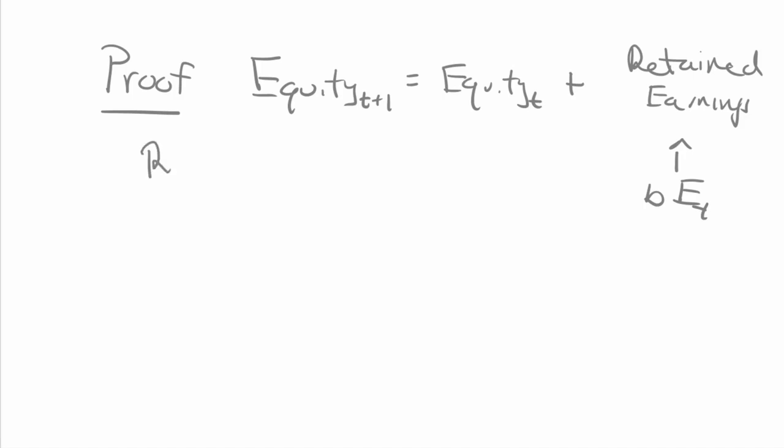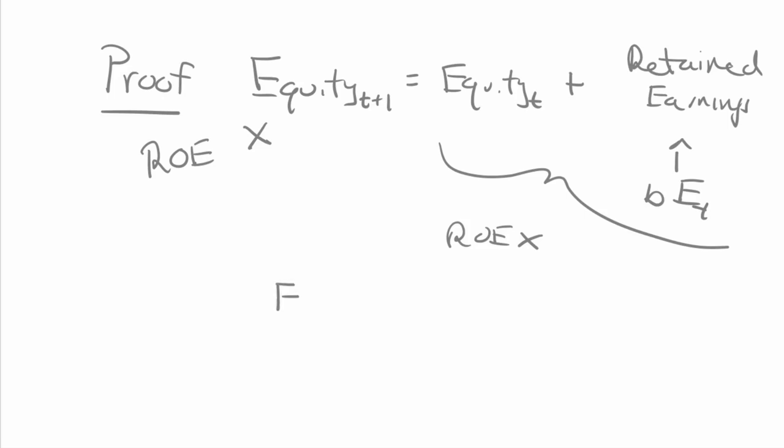So we're going to take ROE times equity at t plus 1, and ROE times equity at t plus retained earnings. By the definition of ROE, what we get on the left-hand side is earnings at t plus 1. What we get on the right-hand side is earnings at time t plus B times ROE times earnings at time t.